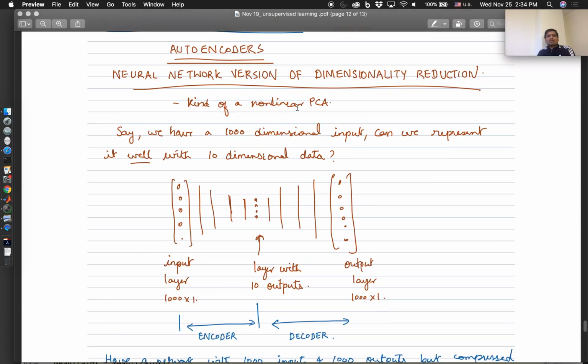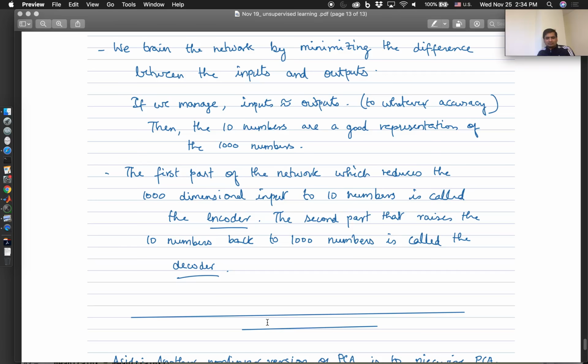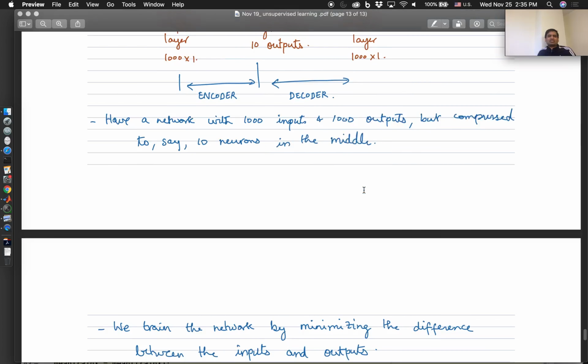I do think it's a generalization of PCA to nonlinear spaces, although not perhaps everyone thinks of it like that. Piecewise PCA works like this, where you have some data set, and maybe you cluster the data into 5 or 6 groups, and then do a PCA for each cluster, and you get basically a few pieces that piecewise approximate the whole data set. So that would be another way of doing nonlinear PCA.